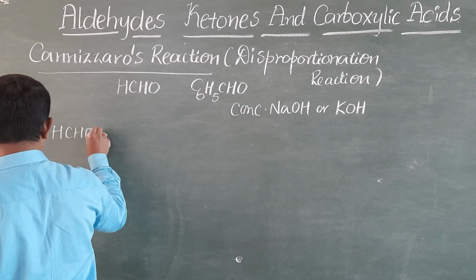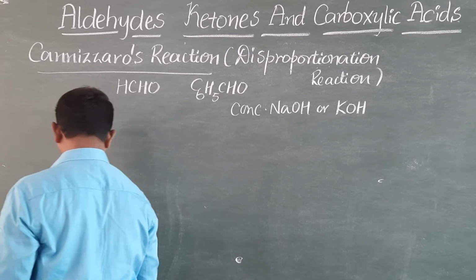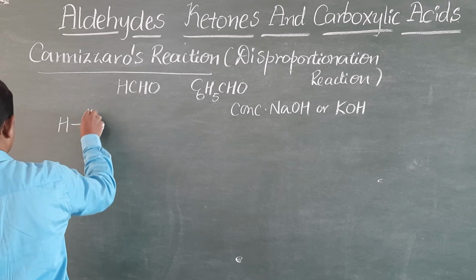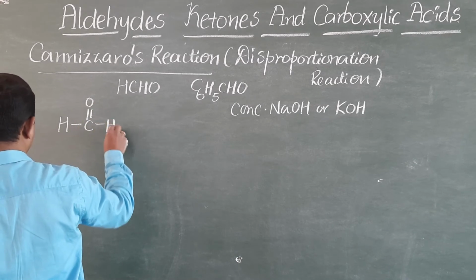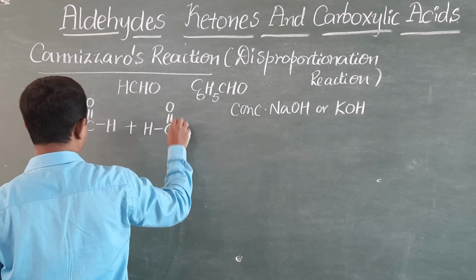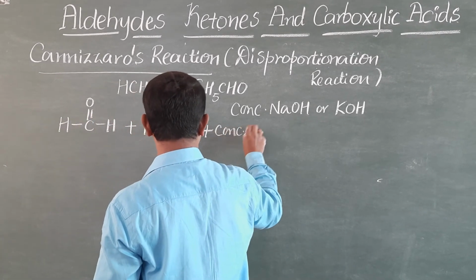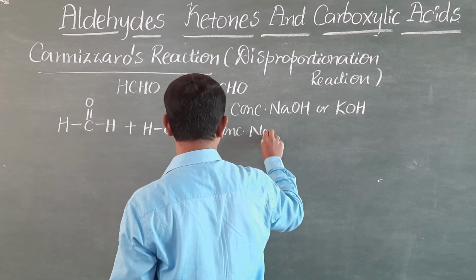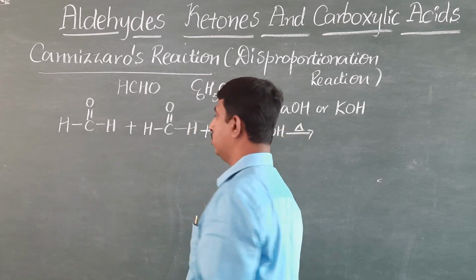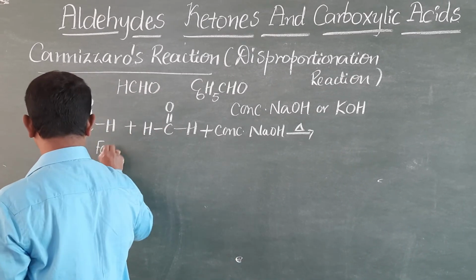I will write the equation. This is HCHO, formaldehyde, or I can write the structure as H, C double bond O, H. This is the first molecule. I will take one more, H, C double bond O, H, heated with concentrated sodium hydroxide.